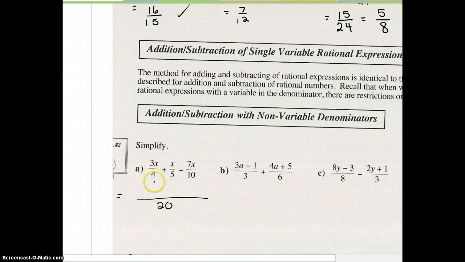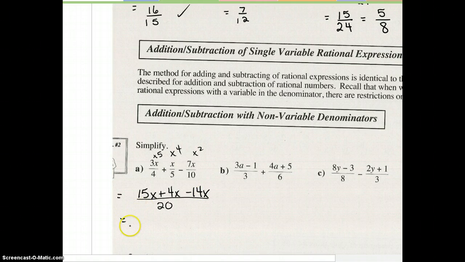On the top, I say, okay, well, 4 goes into 20 5 times, so I'm going to multiply this by 5. So I'm going to end up with 15x. 5 goes into 20 4 times, so I'll multiply the top by 4, so I'm going to end up with a 4x. And 10 goes into 20 2 times, so it's going to be multiplied by 2 to have equivalent fractions. And there we have it.